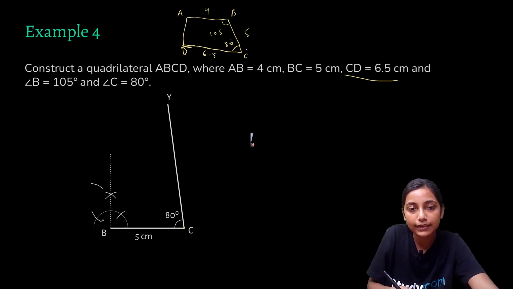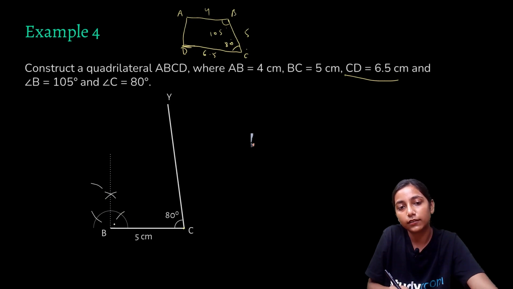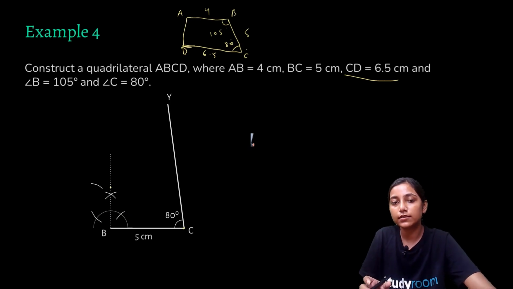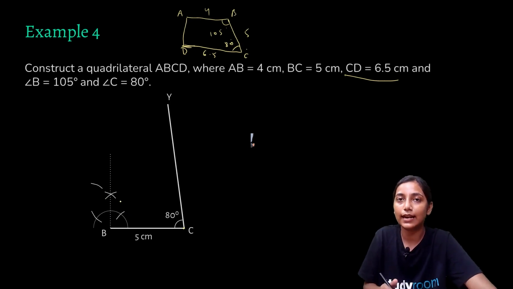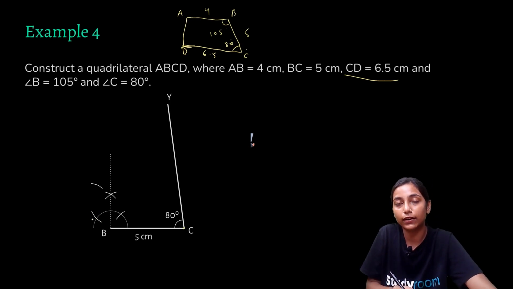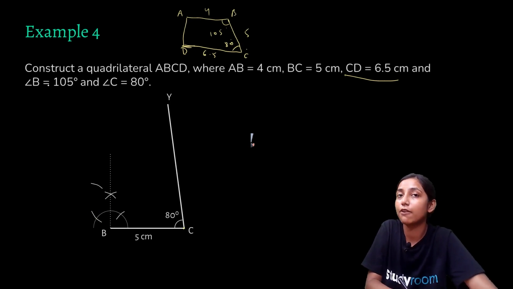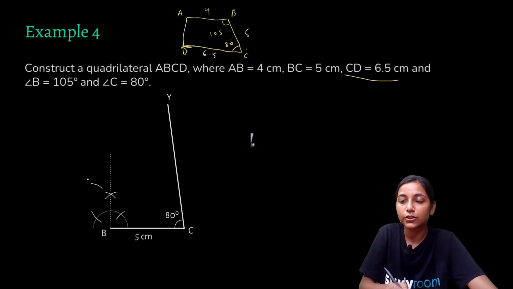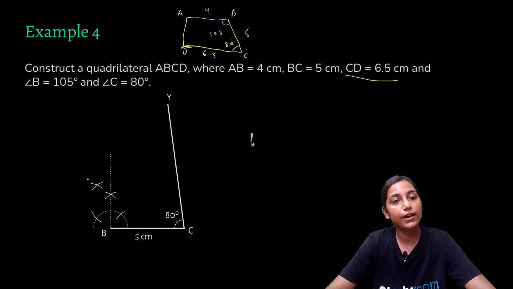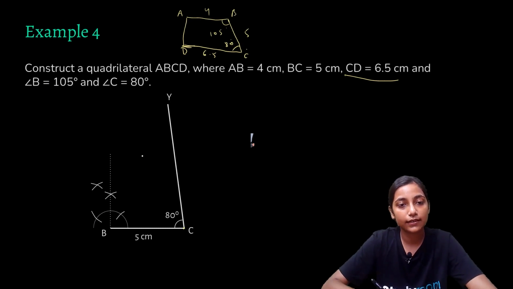From this 90 degrees, you first made all these arcs for angle 60 degrees and angle 120 degrees, and then you took the middle point of these two, and you got the 90 degree angle, the right angle. Now from the middle of 90 degrees and 120 degrees, you're going to get the angle 105 degrees, and that was our angle B. So you can easily construct the angle here. Angle B, you can draw it as 105 degrees.